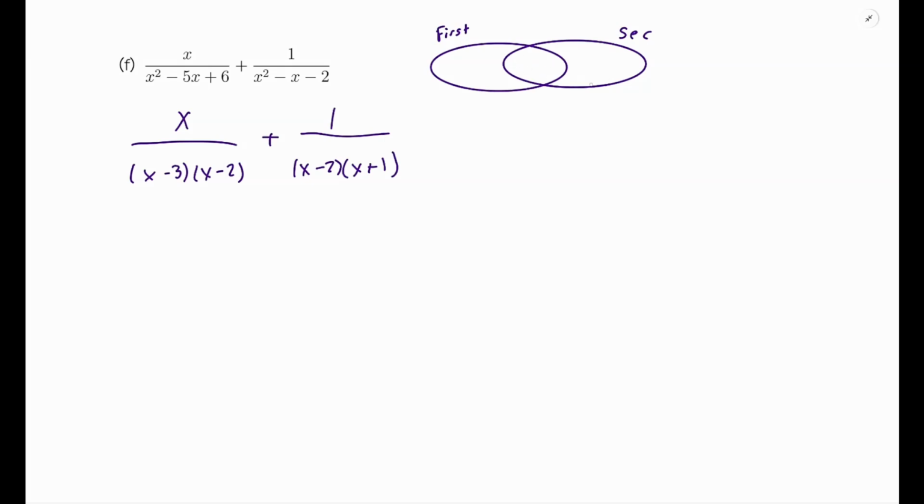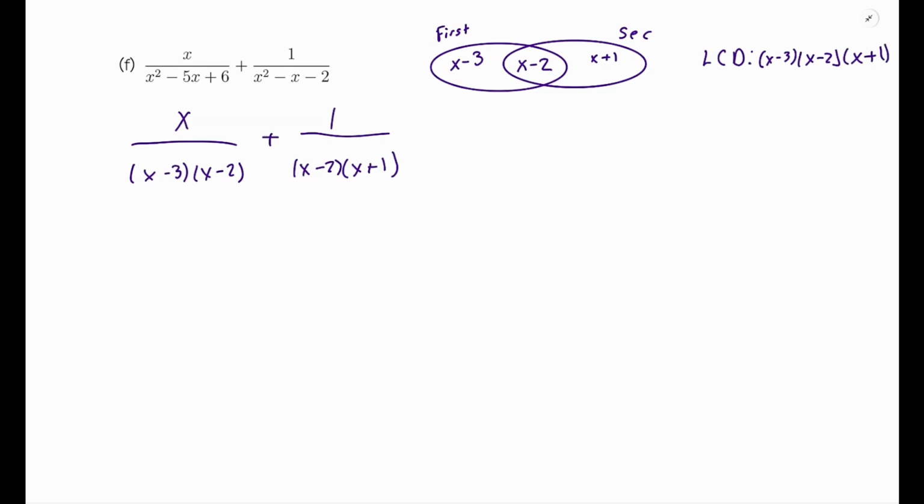What do they have in common? Well, they have an x minus 2 in common. Then the first fraction also has an x minus 3 by itself, and the second fraction has an x plus 1 by itself. So our LCD is x minus 3 times x minus 2 times x plus 1.